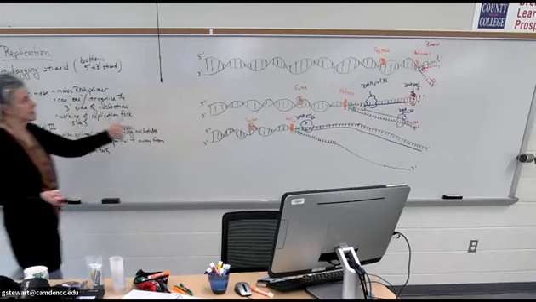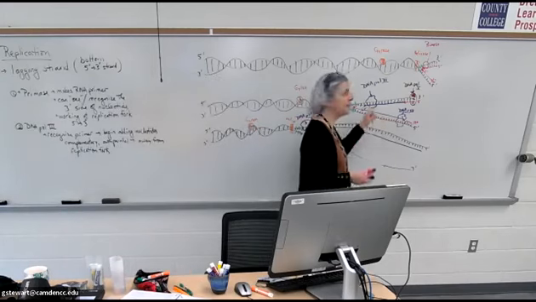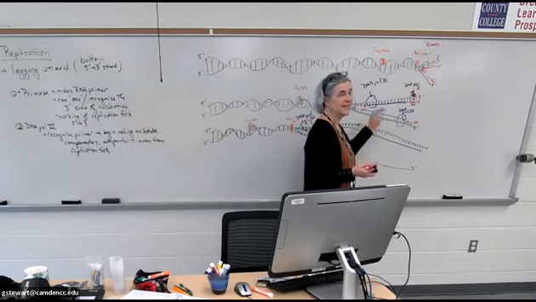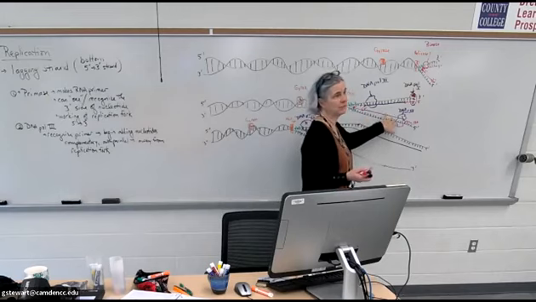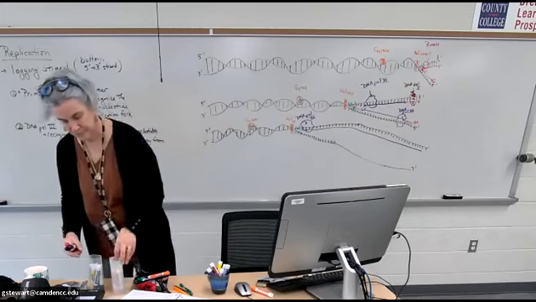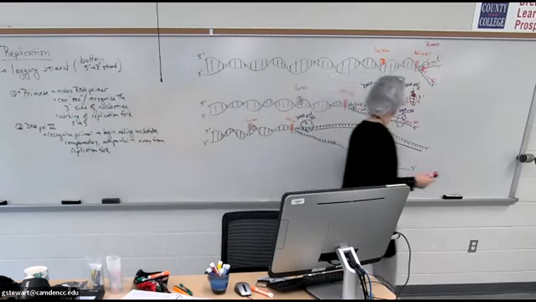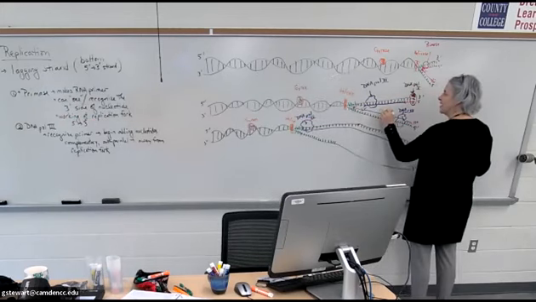This piece that DNA polymerase 3 just made that's bound on the edges by primers, that piece has a special name, right? Anybody remember what it's called? Ends with an O. Yeah, Okazaki fragment.